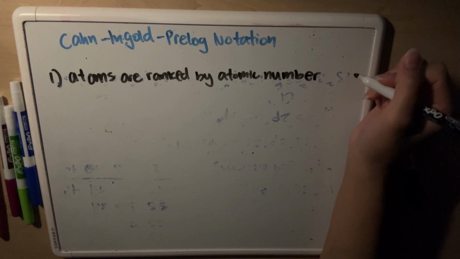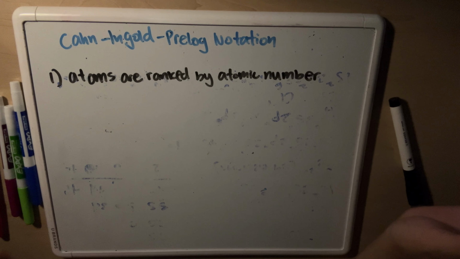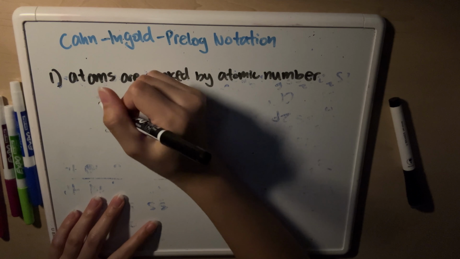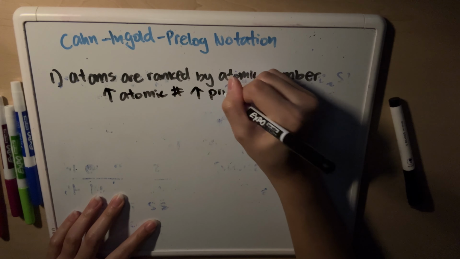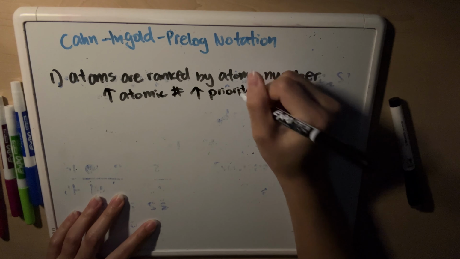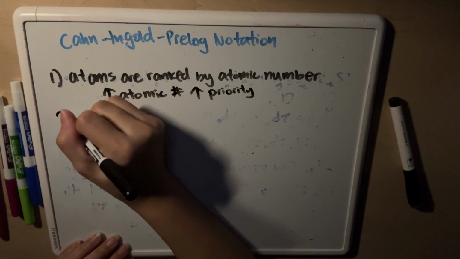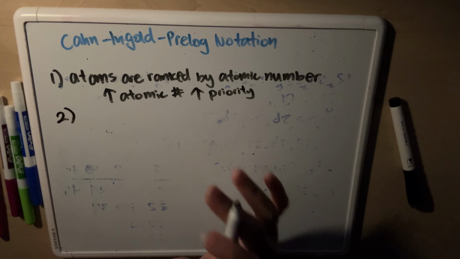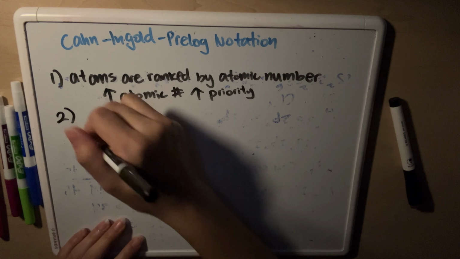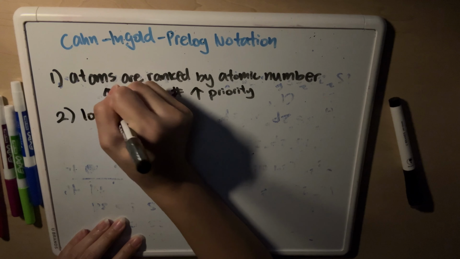Easy, right? So the higher atomic number has a higher priority. Okay, that's the easy part. And so that means the lowest rank is usually hydrogen in ochem.